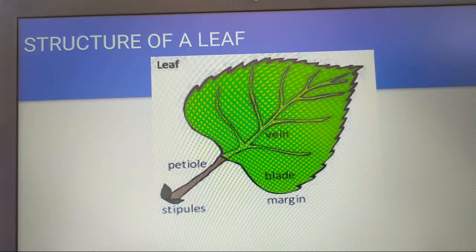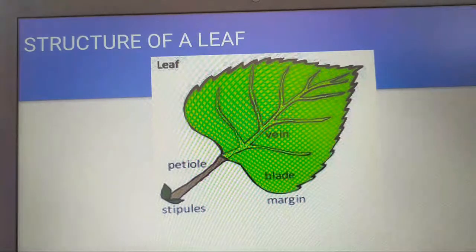They take carbon dioxide gas from the air and release oxygen back into the air, which is used by the living beings.